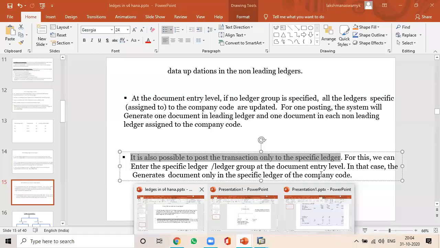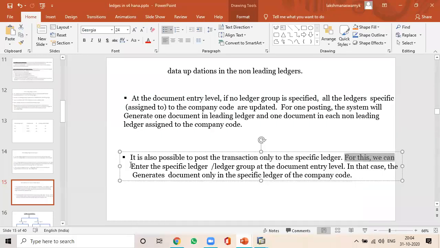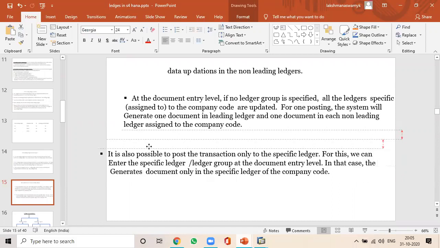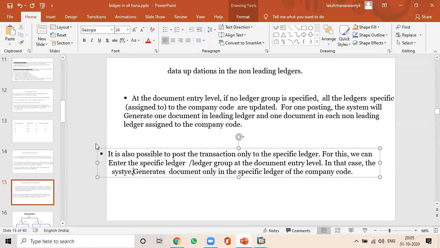Clear for everybody? For this, we can enter the specific ledger or ledger group at the document entry level. In that case, the system generates the document only in the specific ledger of the company code.